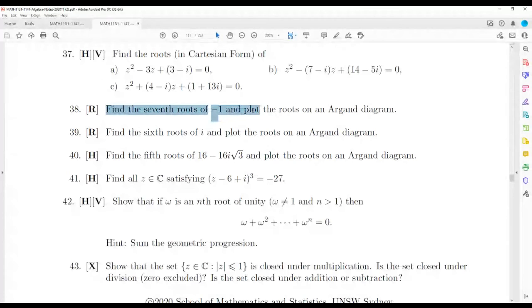Find the seventh roots of -1 and plot the roots on an Argand diagram. Basically you want to solve z to the 7 equals -1. For these kinds of problems, the solution method is usually the same, and there are a couple of really interesting mathematical ideas there. So let me do this one, and then maybe we can look at what Lisa's interested in. Let's go back to the document camera.